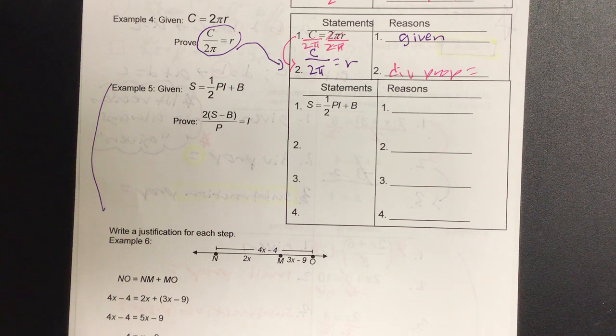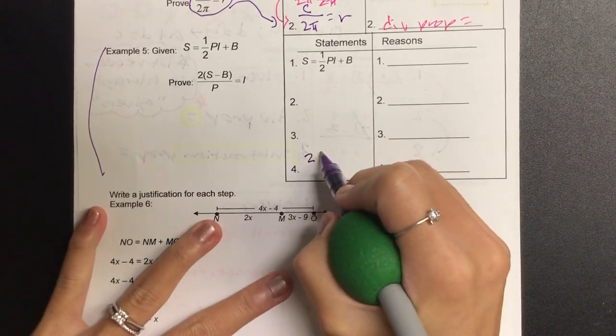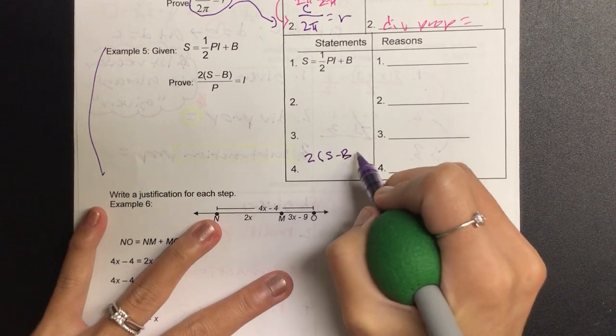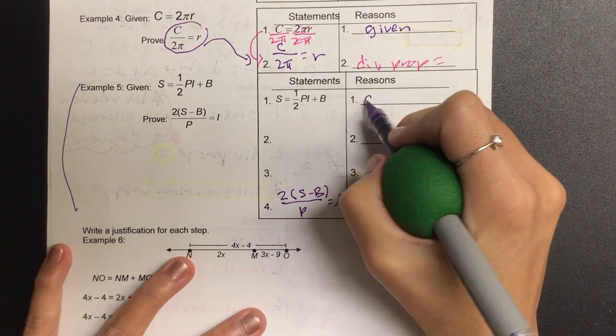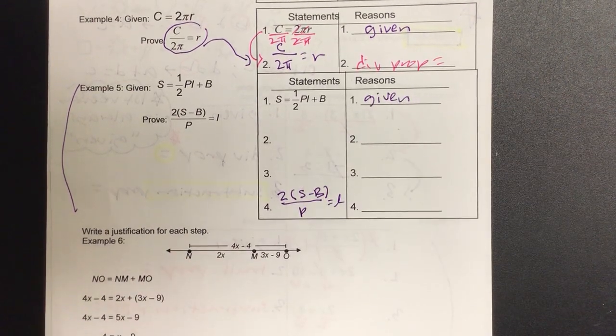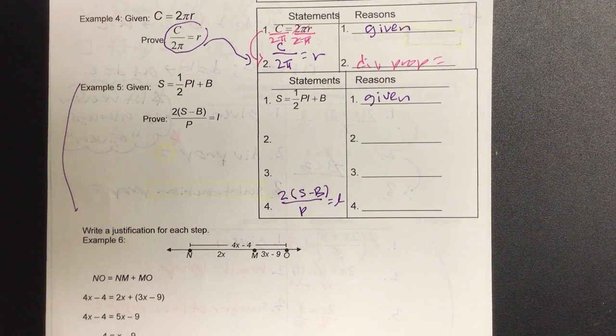Actually, we have. Okay, we get like a number here. So I get S. Oh, multiply by.